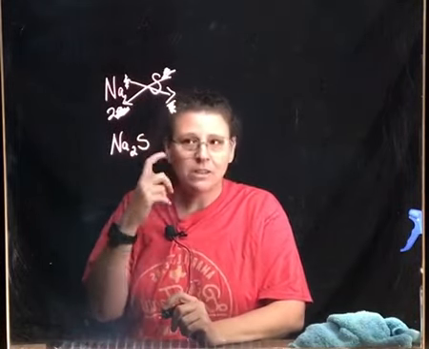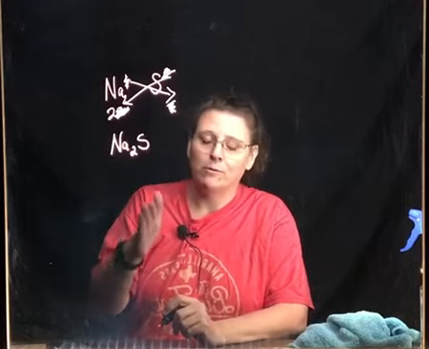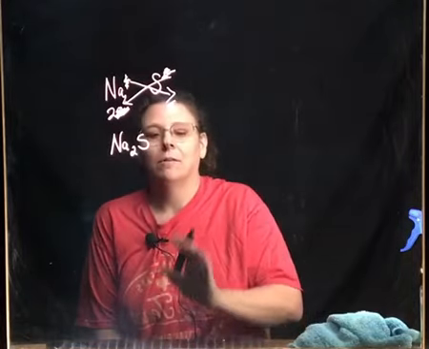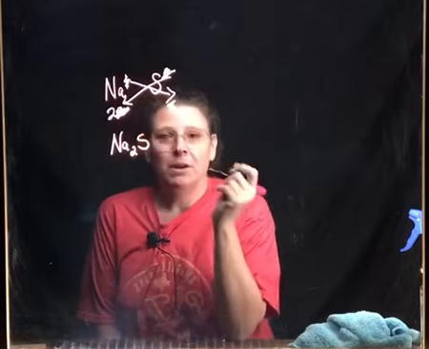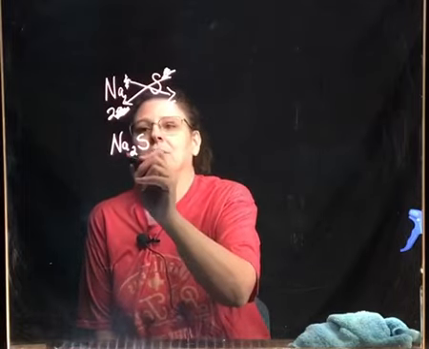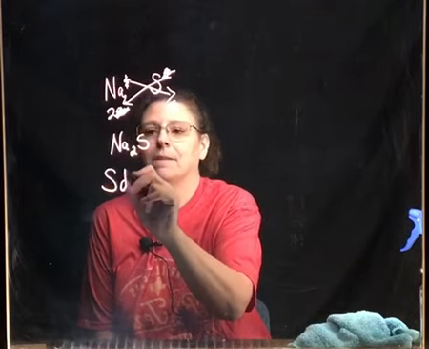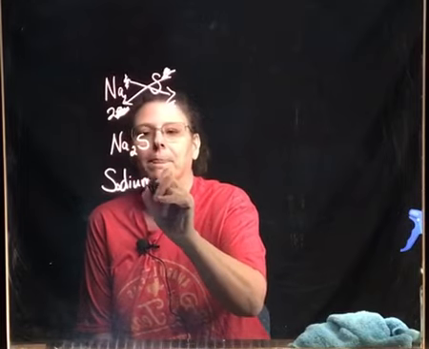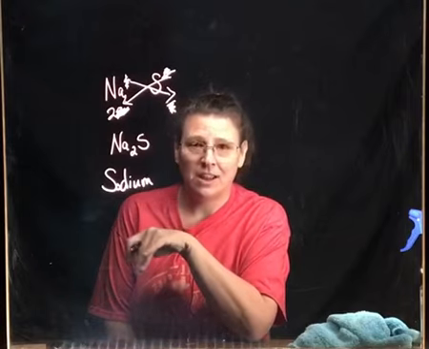Now, what we're going to talk about is how to name these formulas, or how to go from formulas to names, and vice versa. From formulas to names, names to formulas. So, if I wanted to name this, first thing I need to do is look at what my cation is. My cation is sodium. And remember, just like in ions, we're not going to change the names of the cations at all.